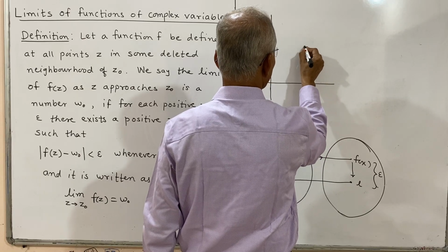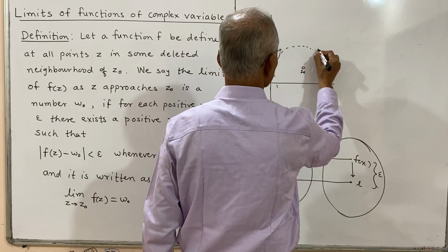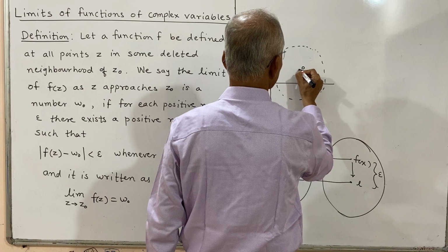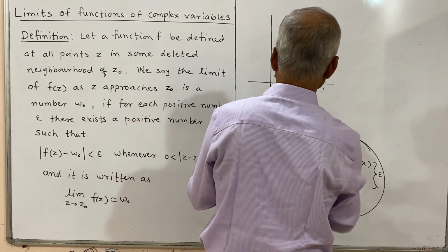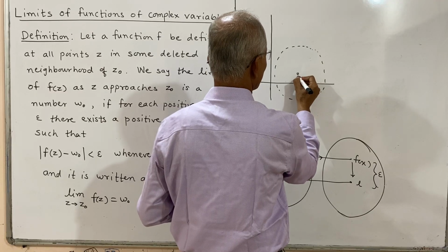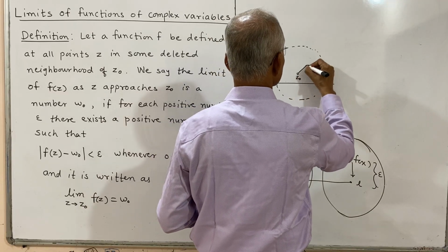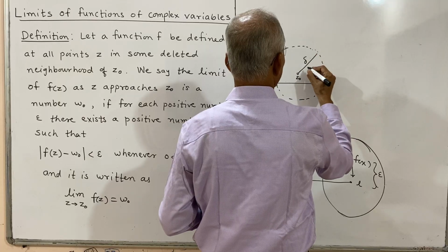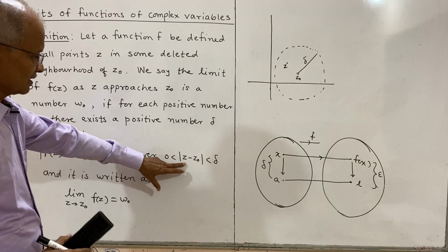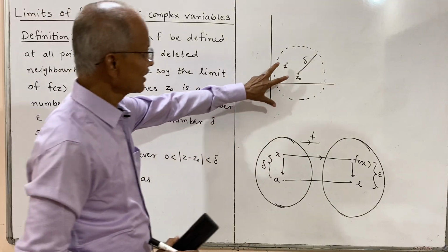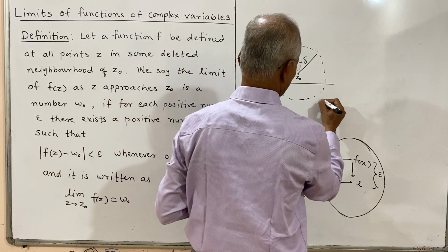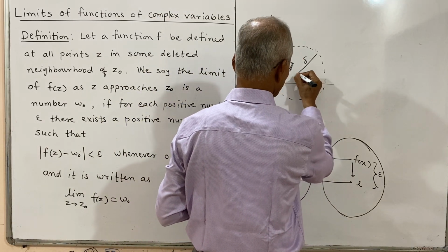The center of this is z naught, and this is delta, and z lies in this neighborhood, that is, the distance between z and z naught is less than delta. This is a deleted neighborhood of z naught.